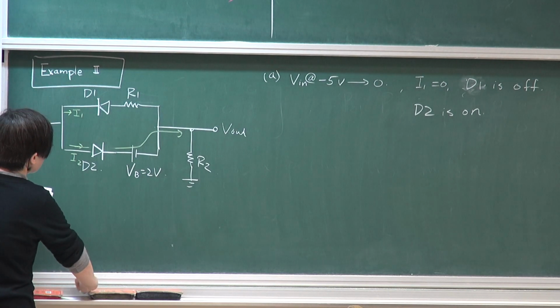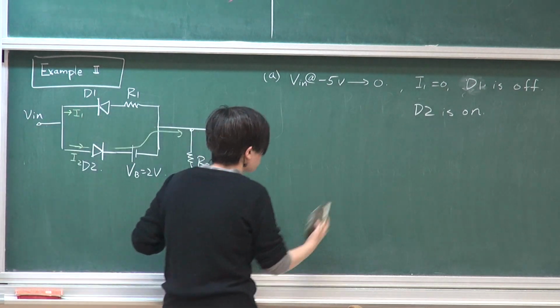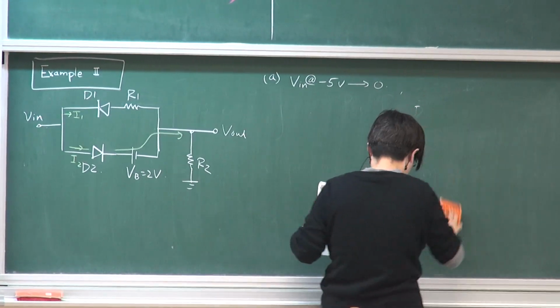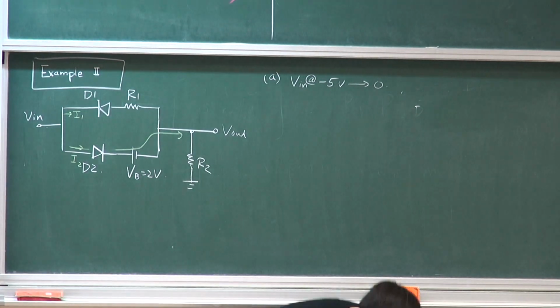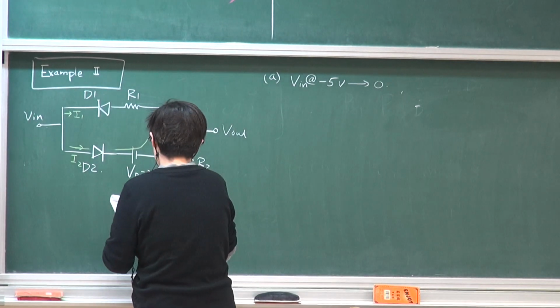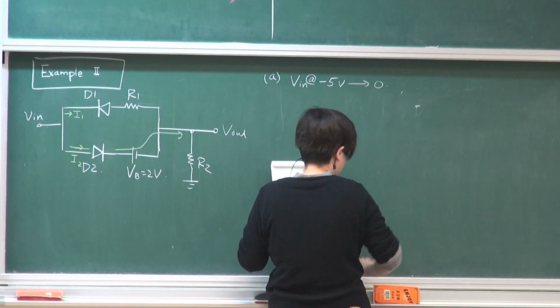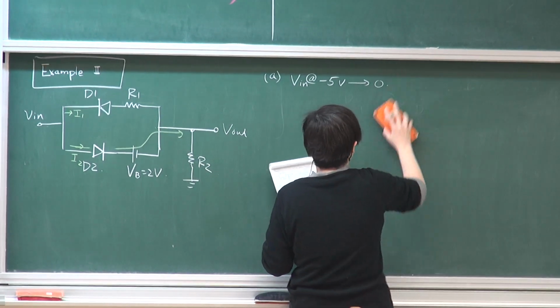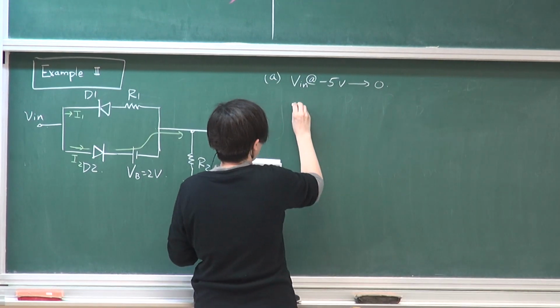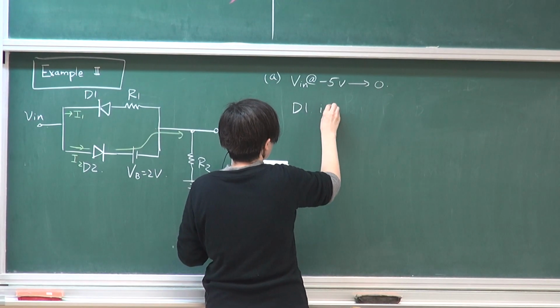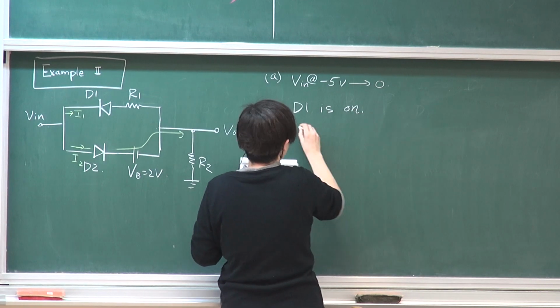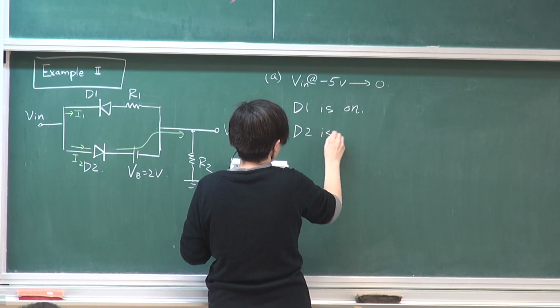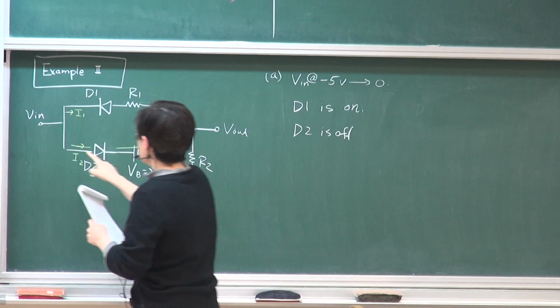Oh, sorry. I should say my D2 is supposed to be off. When it's negative, you're assuming that your D1 is on and D2 is off. Because this is more negative.